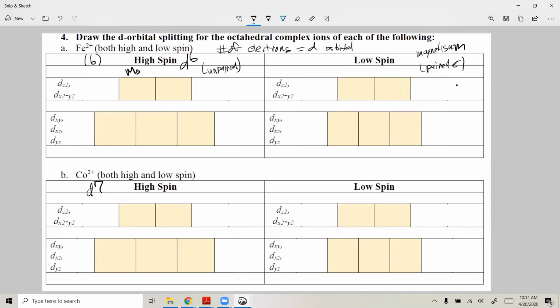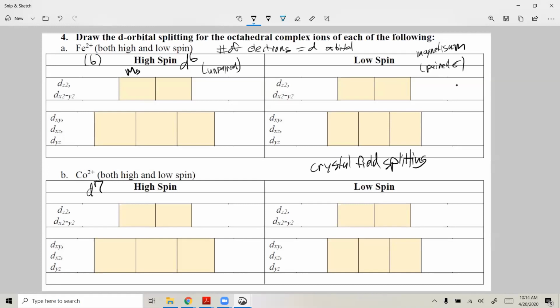This happens when we attach ligands to our orbitals, and this is the crystal field splitting. When ligands are associated with our metal, the d orbitals no longer are degenerate. They don't all have the same energy. Some of them start to interact with those ligands more, and so they become a higher energy.